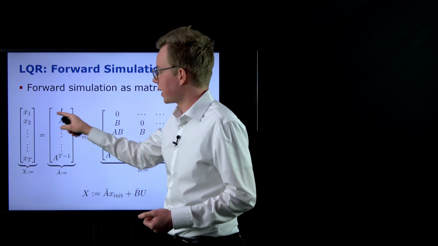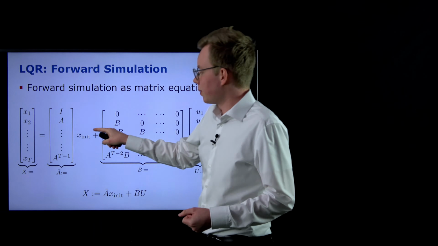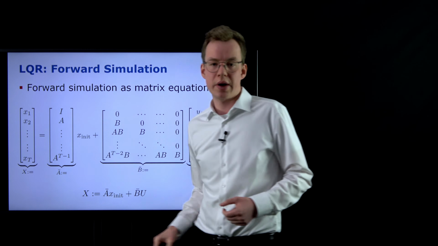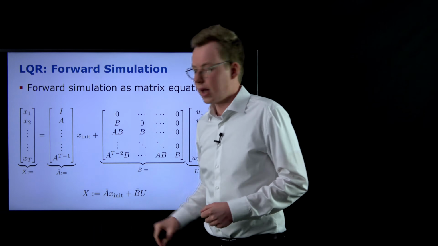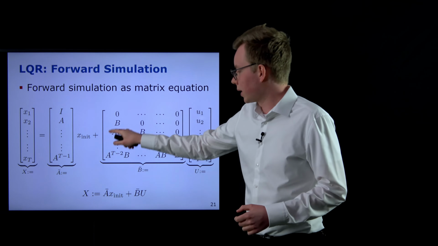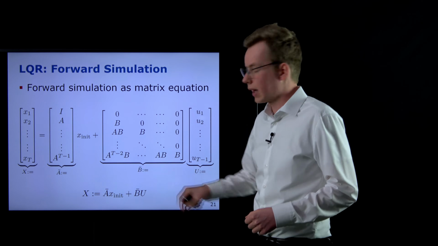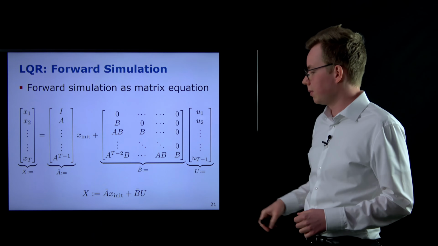We can find it with this matrix equation simply by multiplying the initial state with this stacked matrix, which we call A over bar, and then we collect all the terms that were multiplied with U into a B over bar matrix, and we also have the stacked inputs here.